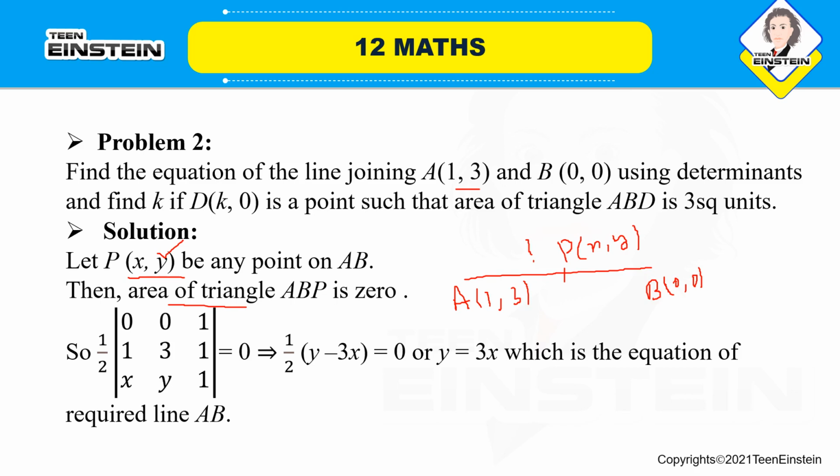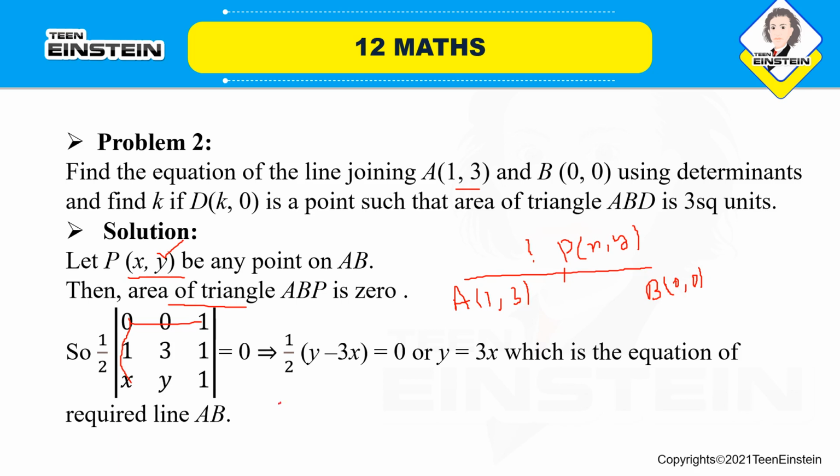Now we have to expand the determinant on the left hand side. So half into expand this determinant. Since the first two elements are 0, 0, we need not bother about these two elements, because when you multiply anything with 0, you'll be getting 0 only. So 0 into something is 0.